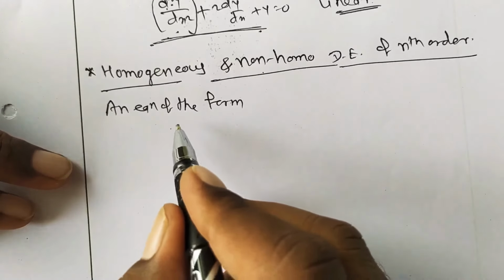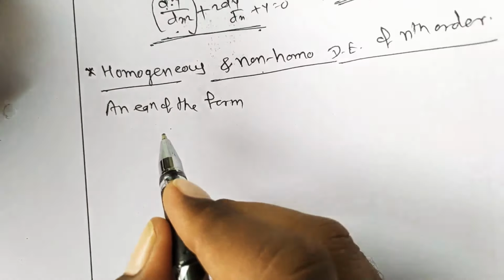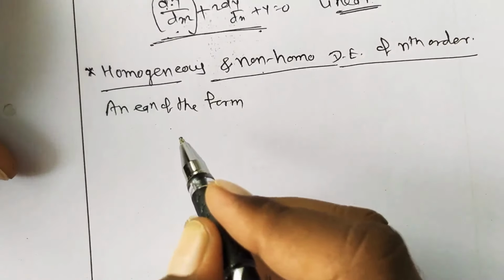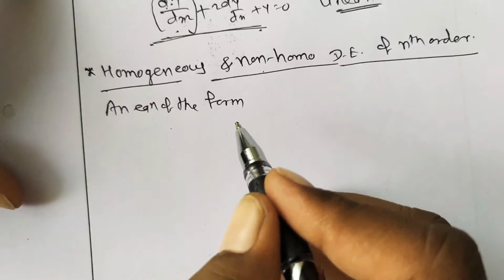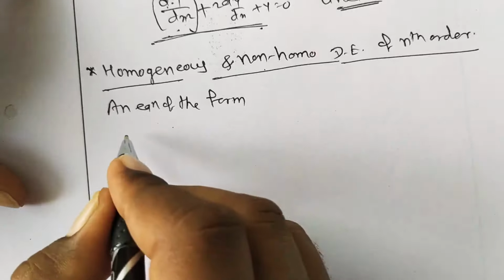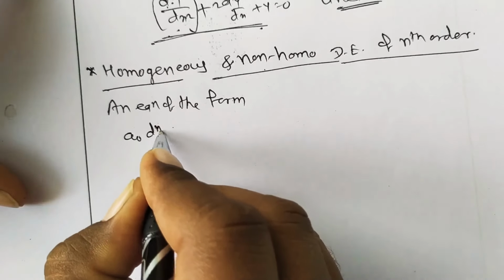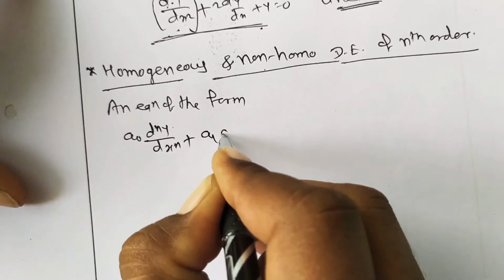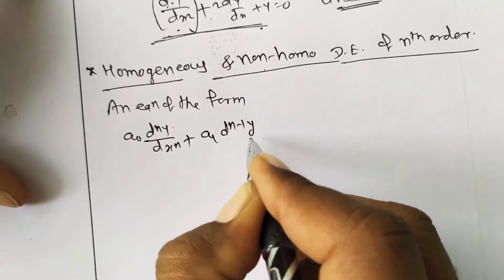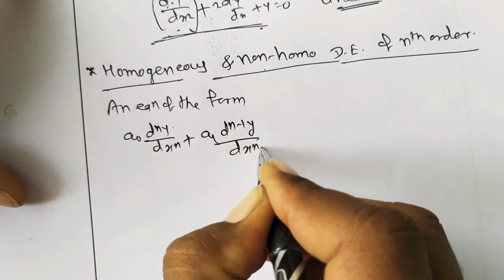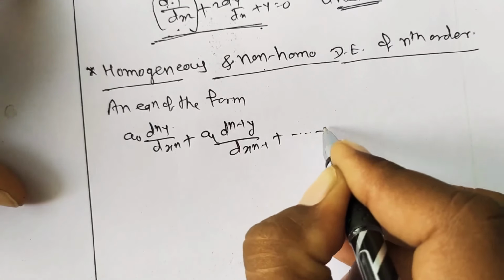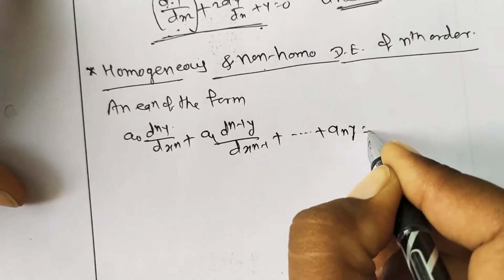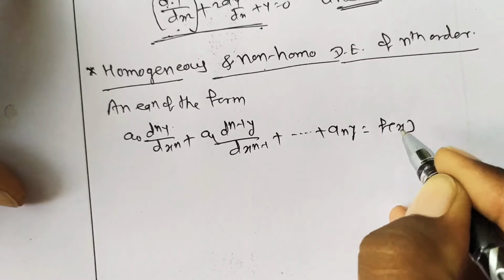So first we will define linear differential equation with constant coefficient of order n. So how we define that? An equation of the type a0 d raised to n y upon dx raised to n plus a1 d raised to n minus 1 y upon dx raised to n minus 1 plus so on plus an into y is equal to f of x.